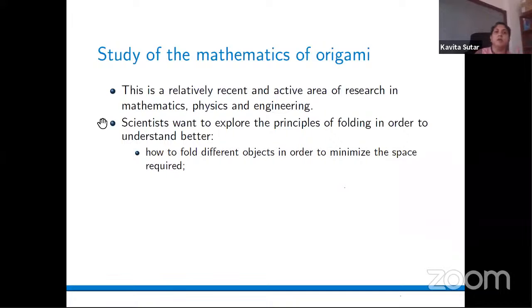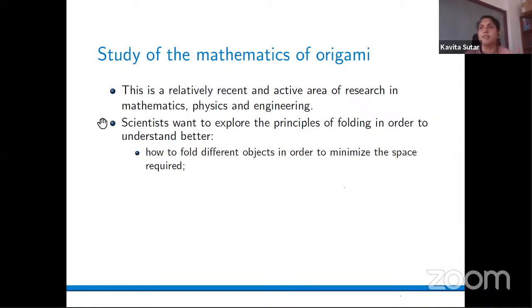Okay. So as I said, if you compare with the history of mathematics, the mathematics of origami is a relatively recent area of research. And the scientists want to understand how to fold different objects in order to minimize the space required. Suppose you have a large object, can you fold it and make it compact?